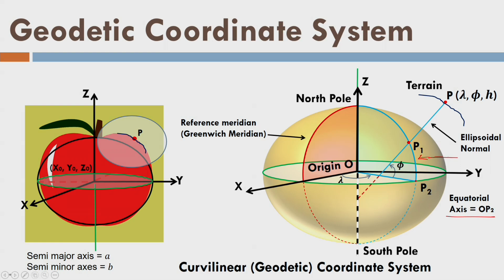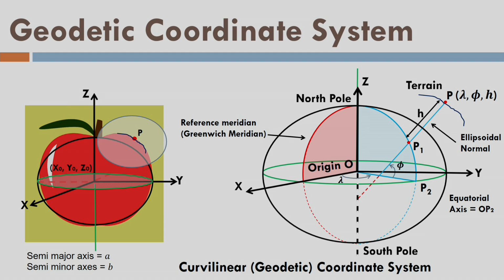Well, I have fixed the point P1 now in two dimensions. That means point P1 or P are still the same because both have the same lambda and phi values. So now I define this distance, which I am going to fix with respect to the ellipsoidal surface. The distance from the ellipsoid along the ellipsoidal normal to point P is called the ellipsoidal height. So this is my ellipsoidal height h. Now I can fix the point P because h is also fixed.